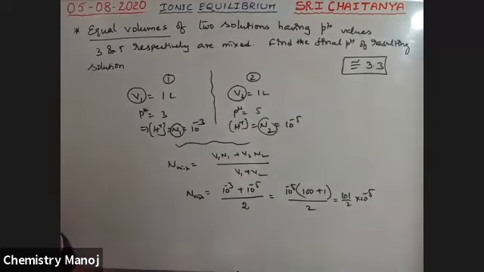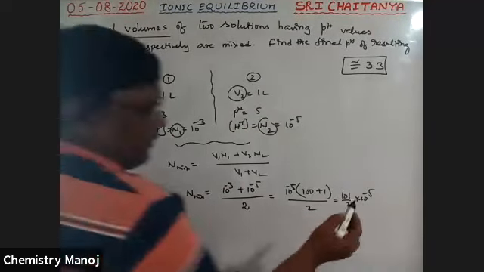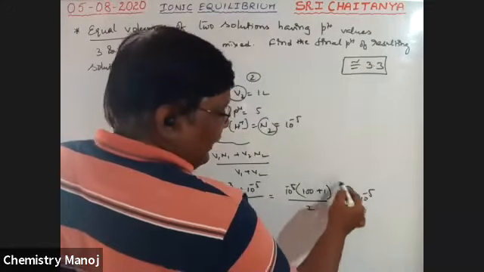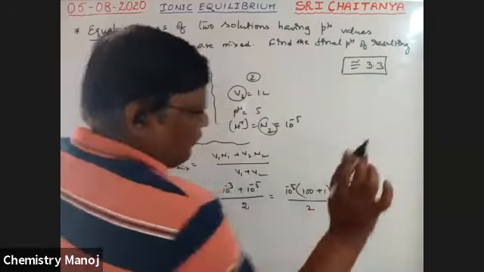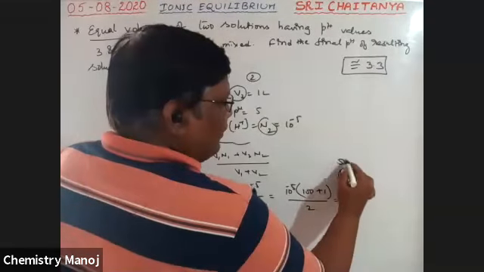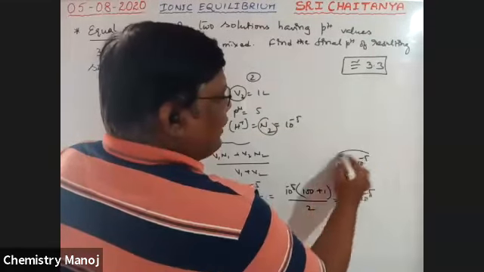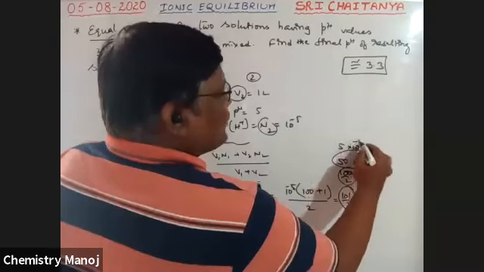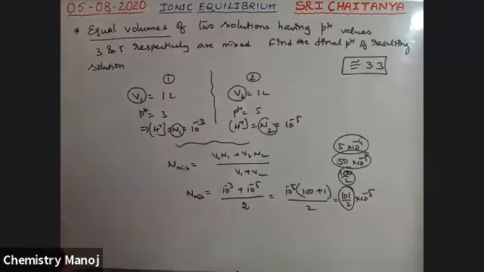Roughly I am taking 100 by 2, which is 50, so 50 into 10 power minus 5, nothing but 5 into 10 power minus 4.